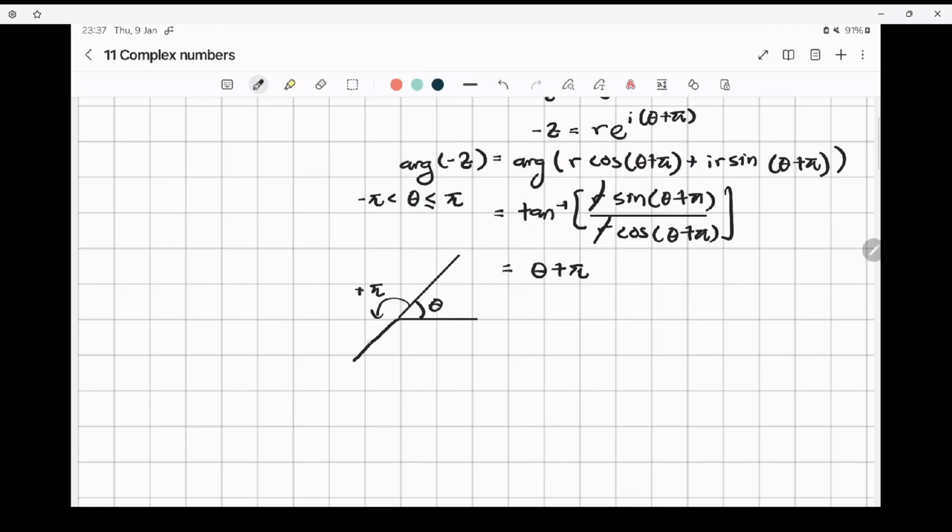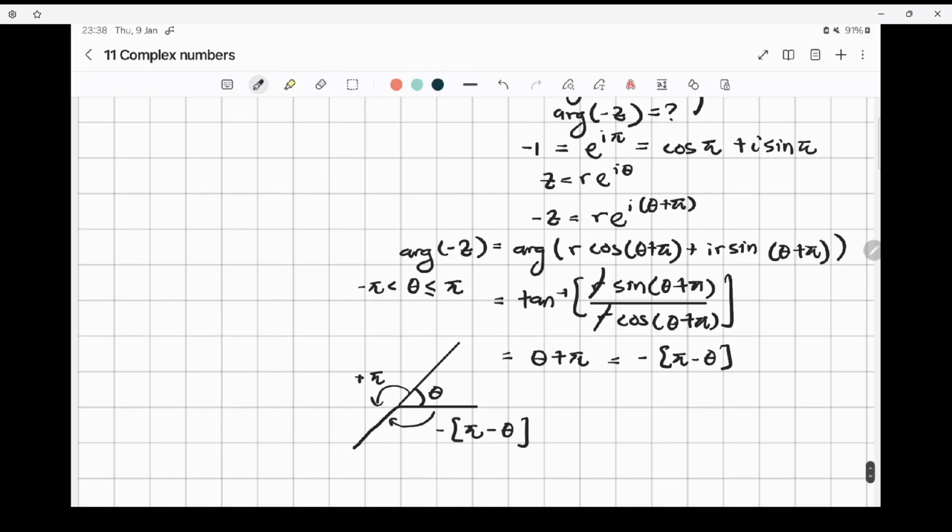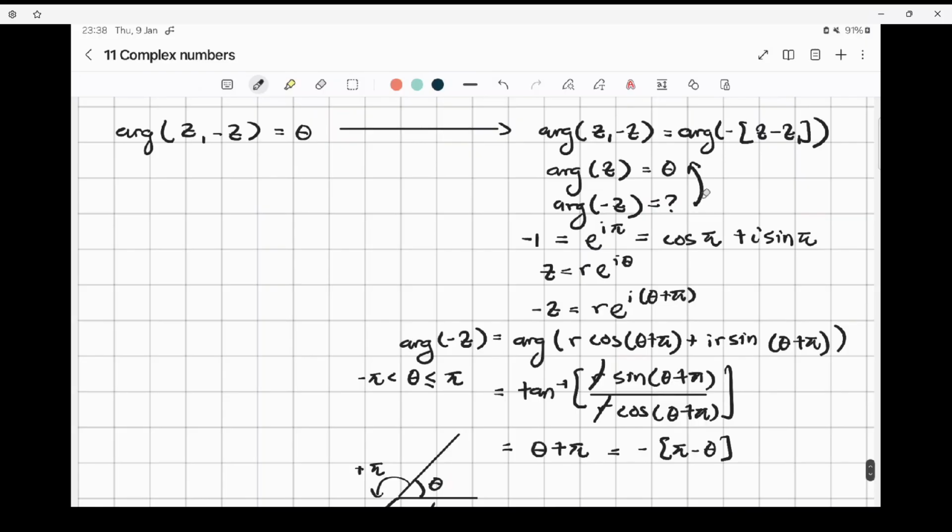So we cannot define this particular angle; we have to define it in the opposite direction. So the opposite direction will be minus pi minus theta. Hence, this is also equivalent to minus pi minus theta. So algebraically, you can perform this kind of operation to show that the argument of minus z is actually minus pi minus theta.